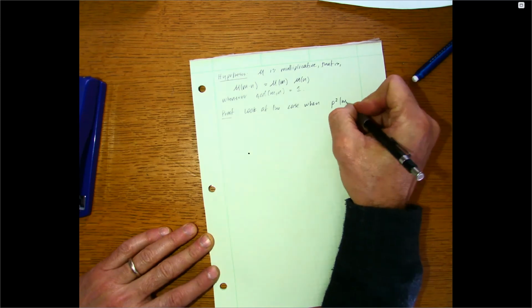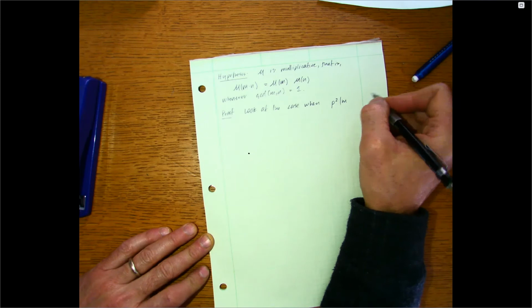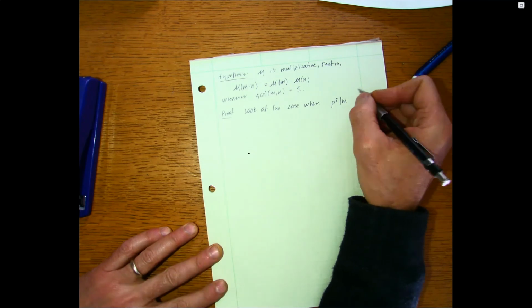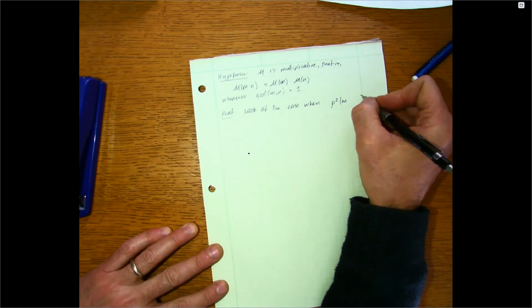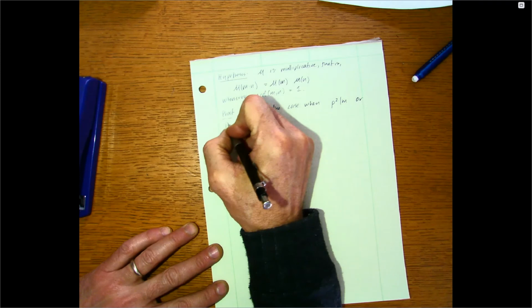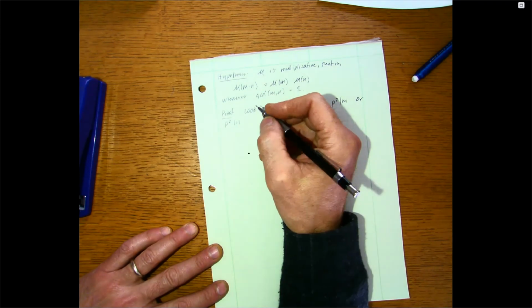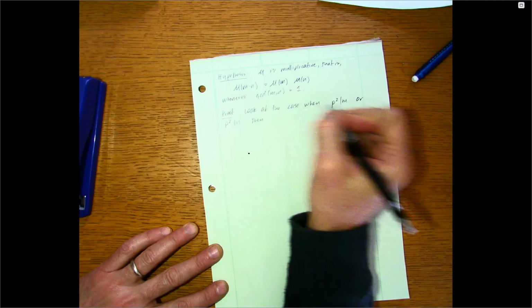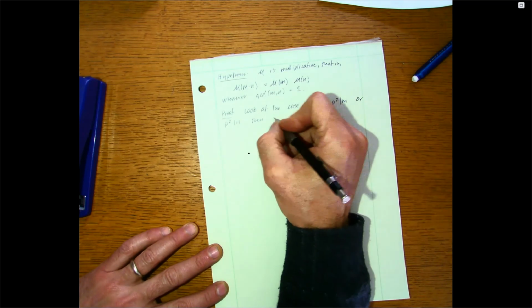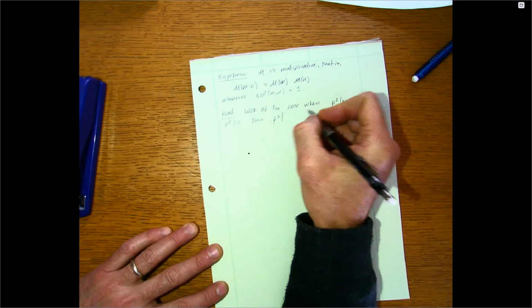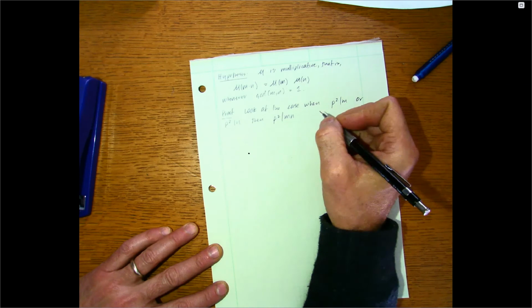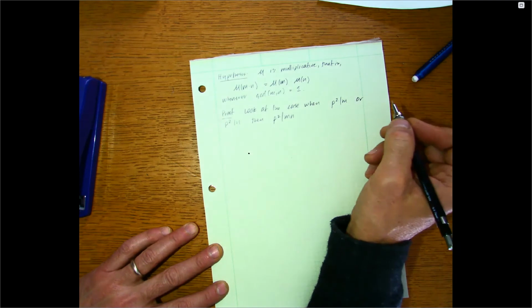Oh, I misspoke. This isn't the one that's helpful on problem 7. I'll draw your attention to that in a minute. So then p squared must divide mn, right? The product. If it divides one of the two, then it has to divide the product.